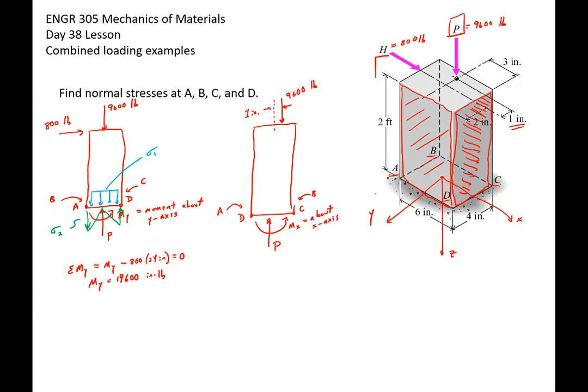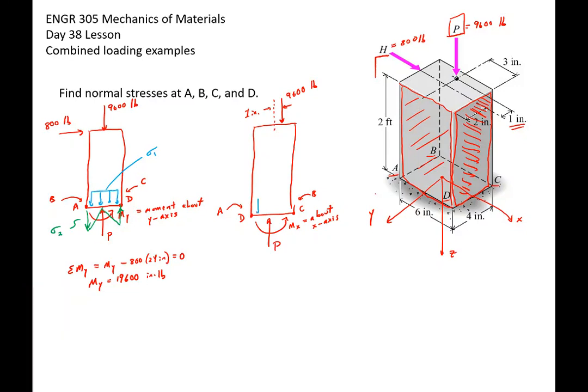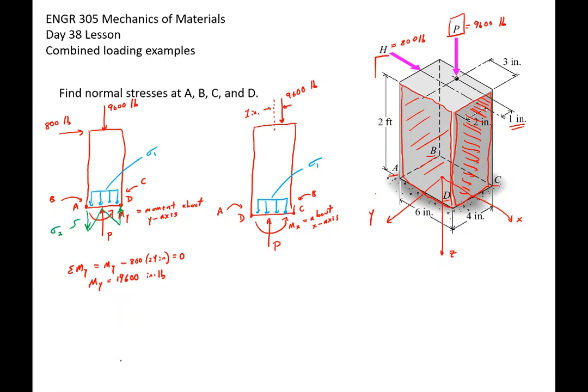Once again, I'm going to have a normal stress from the axial load of sigma 1. That's still going to be the same as it was before, but now I also have a flexural stress. Now I'll make this one purple.